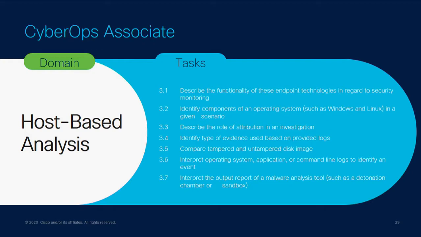And when we move to 3.3.2, you need to be able to identify the components of operating systems such as Windows, and Linux is very big because right now we're doing a lot of scripting, and that's where automation kicks in. For 3.3, this is key. This is where we have to describe the role of attribution in an investigation. This is very big because I use it every day when we're doing threat intelligence.